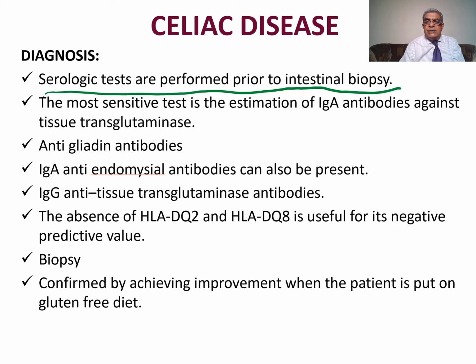The most sensitive test is the estimation of IgA antibodies against tissue transglutaminase, then anti-gliadin antibodies, then IgA anti-endomysial antibodies can also be present. And if there is deficiency of IgA, then IgG anti-tissue transglutaminase antibodies can be detected or estimated.